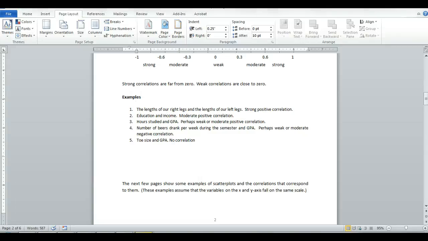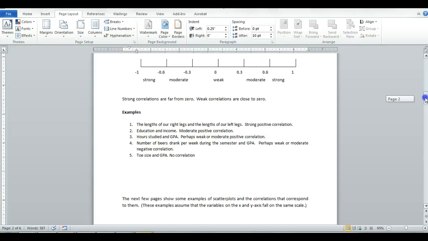If we're talking about right and left legs, knowing the length of one leg gives us almost perfect information about the length of the other leg. Very few exceptions. On the other hand, with education and income, yes, we can predict that someone with a college degree is going to make more money than someone with a high school degree or a GED, but there are plenty of exceptions, and so prediction is not as good, and the correlation is moderate rather than very strong or almost perfect.